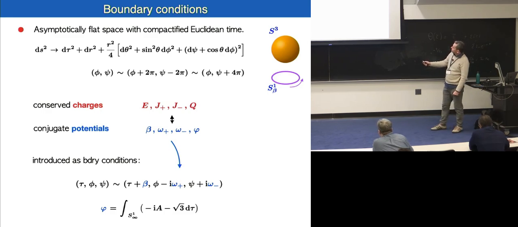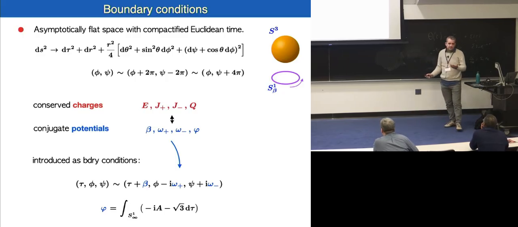And this is helpful just to show some of the isometries that will play a role in the rest of the talk. So here we have the Euclidean time tau, and then there is an S3 parameterized with these 3 Euler angles in a standard way. And the identifications that are chosen between these angles are such that this describes indeed an S3 topology.